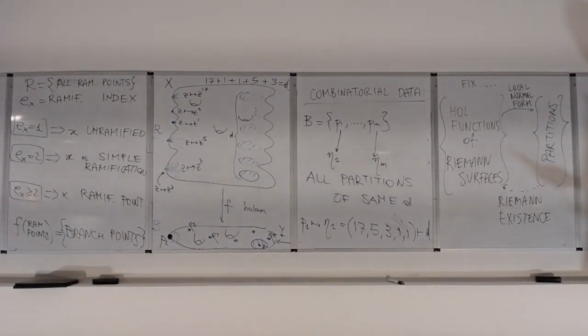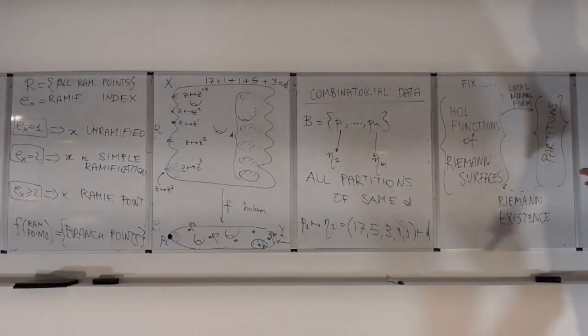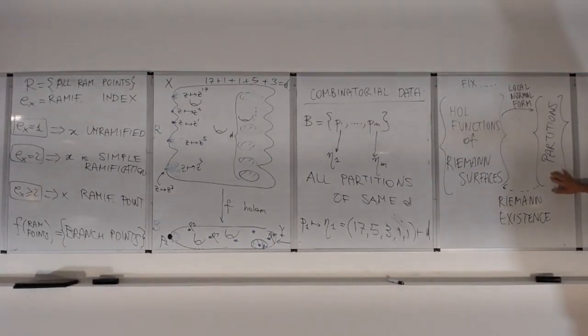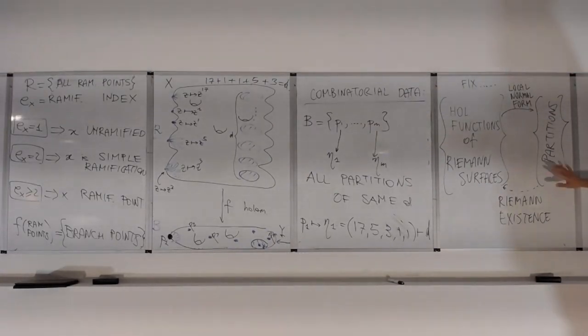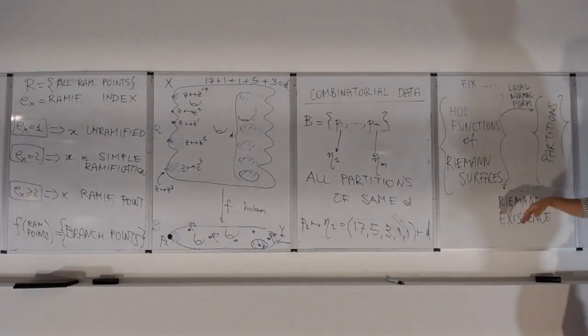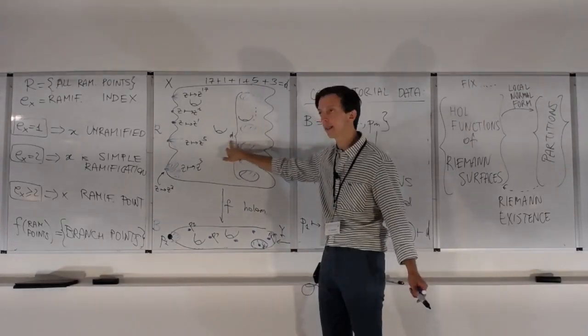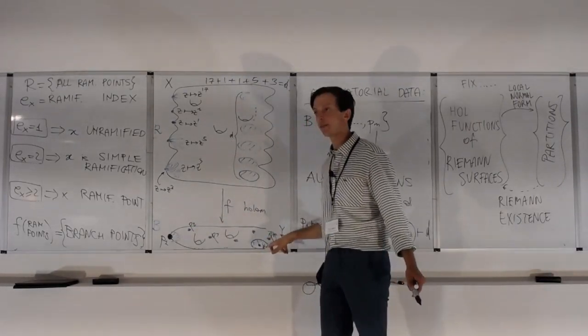On the right-hand side, the datum is a D and a finite amount of partitions of D. I have to specify many things to get this bijection. I have to fix the genus upstairs, the genus downstairs, the degree of the map, the points downstairs.